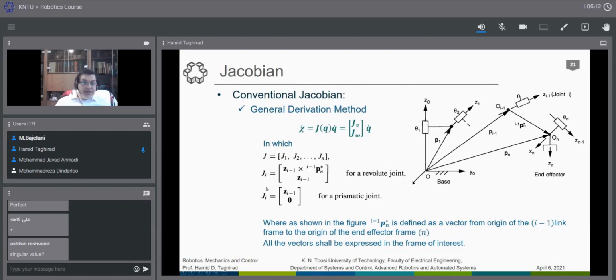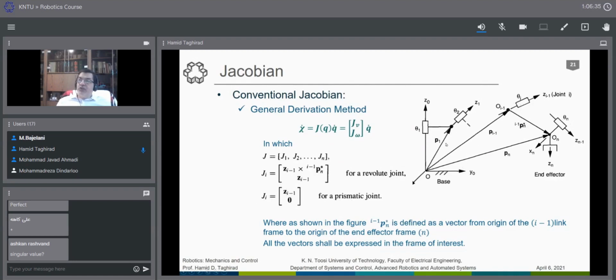But as I mentioned, since this is a vector in space, it could be considered in any frame, in the n frame or in any other frame. Usually we consider it with the reference frame. For now, consider that. If it is prismatic, it is very simple, z(i-1) in the z0 frame. And why is this the case?